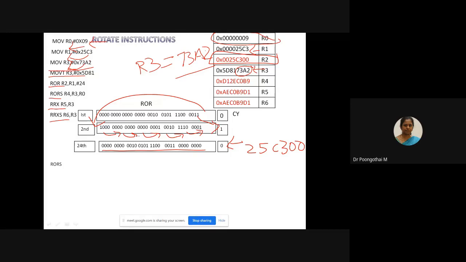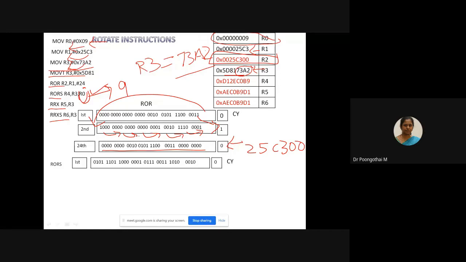The next one is RORS R4, R3, R0, that is, rotate right with flag update. R3 holds 5D817382, so that is your input. The number of rotations to be performed is 9, as R0 holds 09. So this instruction, RORS R4, R3, R0, means rotate right by 9 bits with flag update.